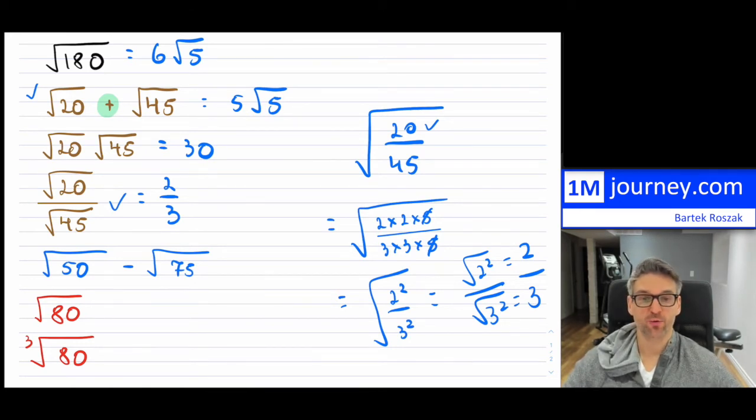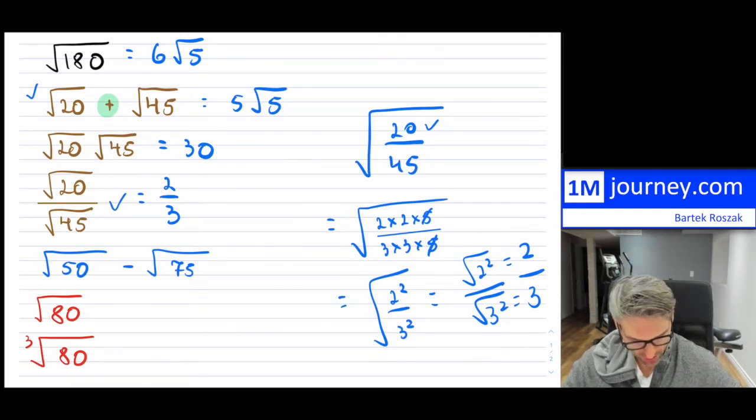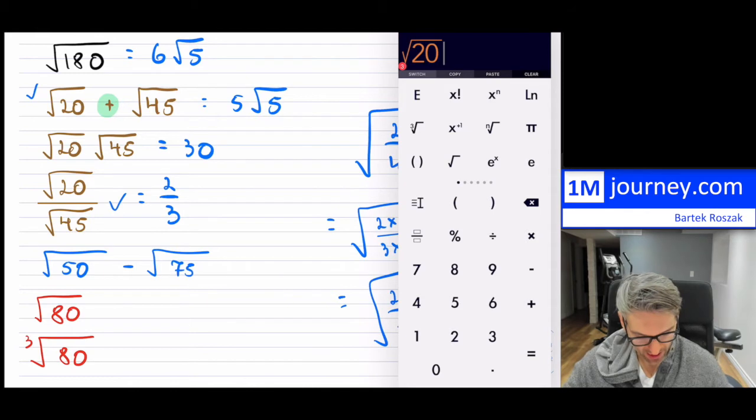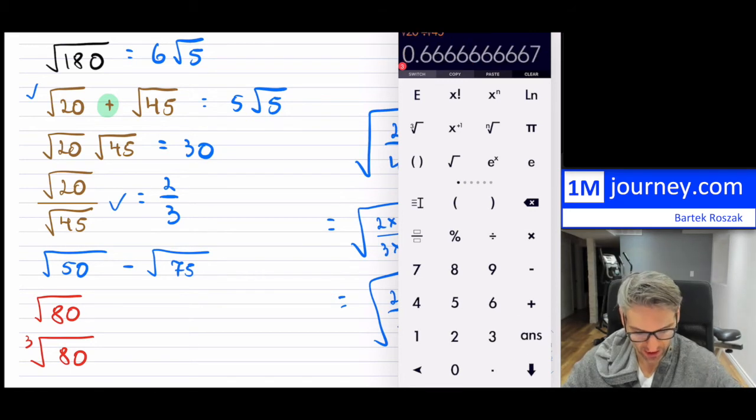And when you're doing these things, you want to be able to do it on your own and check. Now, we can also, of course, pull up the calculator. You can kind of cheat and say, this is the square root of 20 divided by the square root of 45, and then you can hit equals. Now notice it's 0.6666666, which is 2 over 3, right?